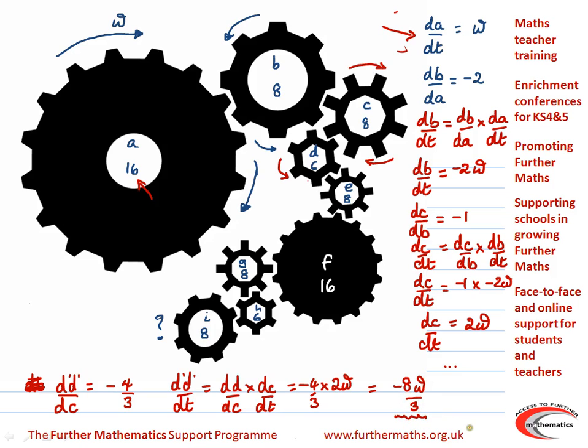Okay, so you can see there that D is going in the opposite direction. It's going anti-clockwise, opposite direction to A, and it's going a little over twice as fast as A is moving.